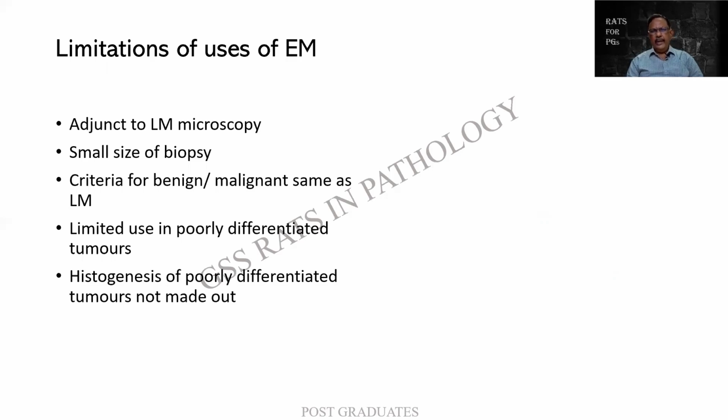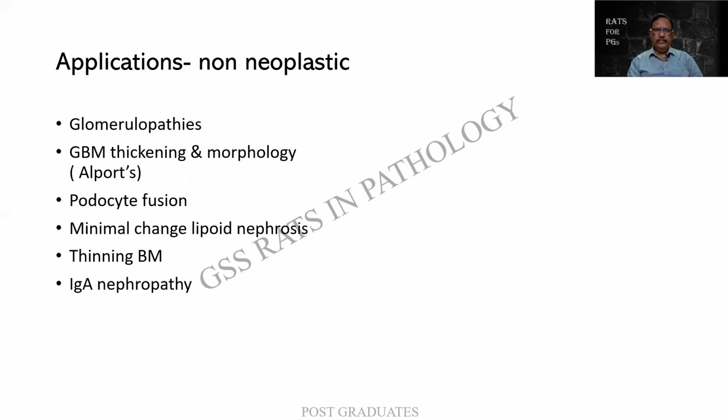A beautiful one again picked up from Ackerman's Surgical Pathology. Kindly go back to the earlier editions and not the latest. Some of the applications can be non-neoplastic. Of course, you should remember the entire panel of glomerulopathies. There can be thickening and change in morphology as in Alport syndrome.